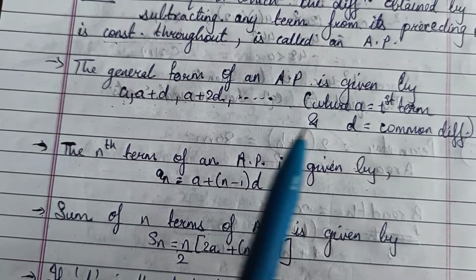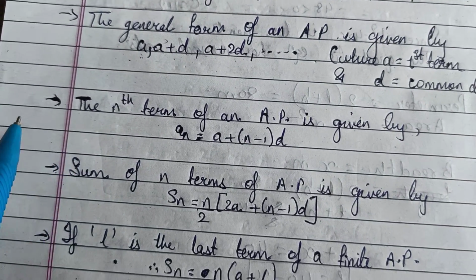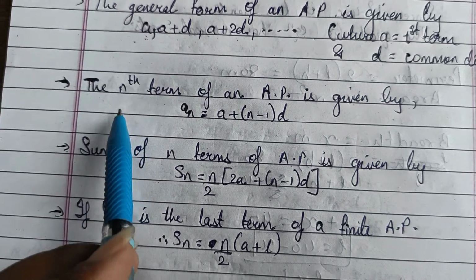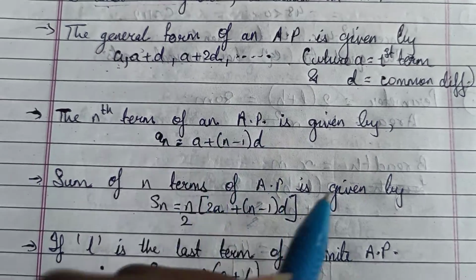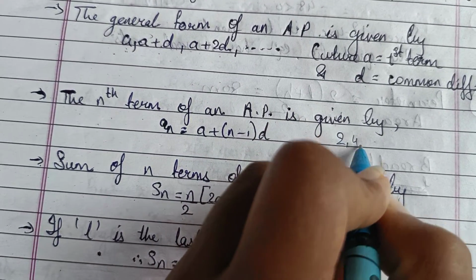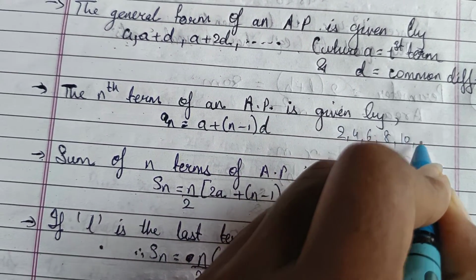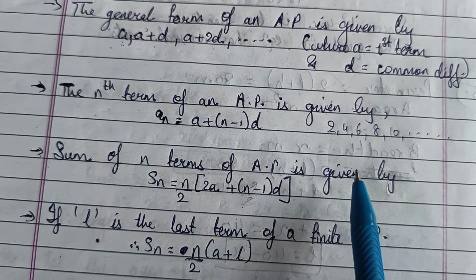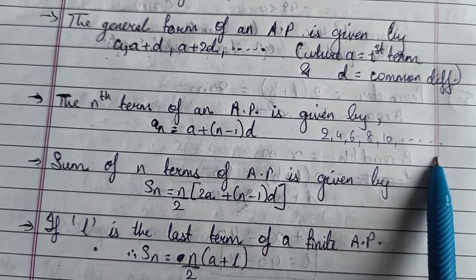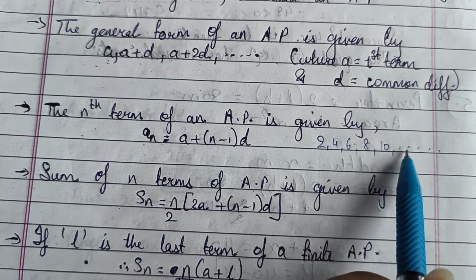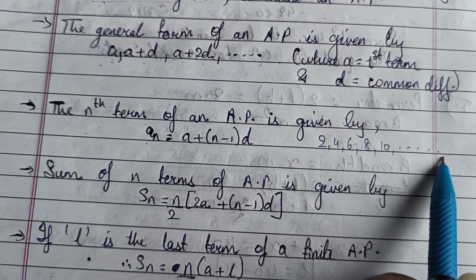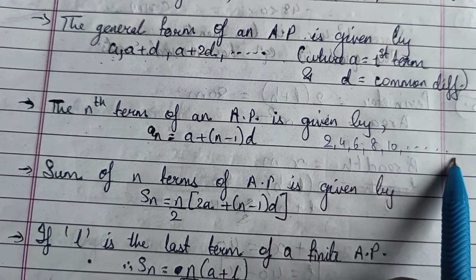Now you will come across a total of 3 formulas. First, the nth term of an AP. See what is the nth term. Suppose you have the series 2, 4, 6, 8, 10 and so on. Now if I want to find the nth term of it, I will use this formula. But what do you mean by nth term? The last term. We don't know up to where this series will end.